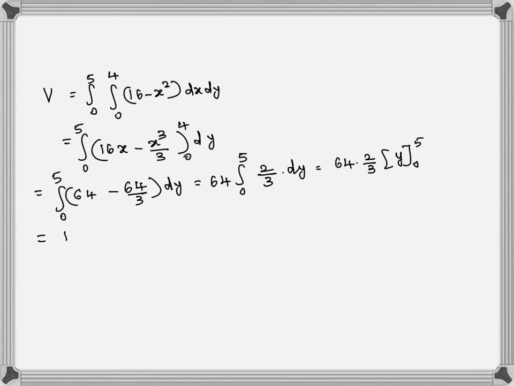So it becomes 128 over 3 times 5, which will be 640 divided by 3. That is the volume under the cylinder above the rectangle in this case. So this being volume, you can also write this as cubic units. Hope this video helps.